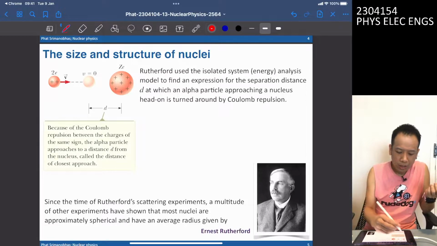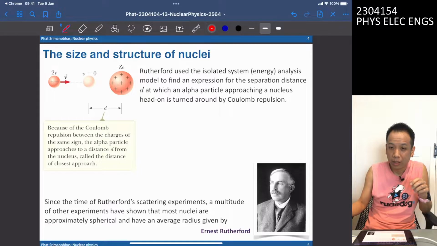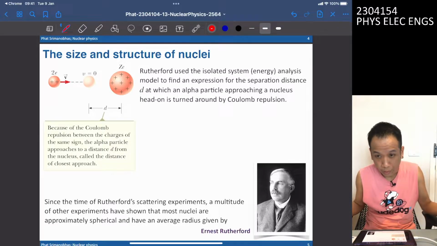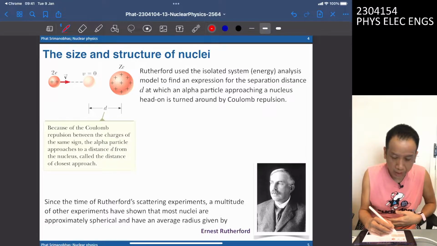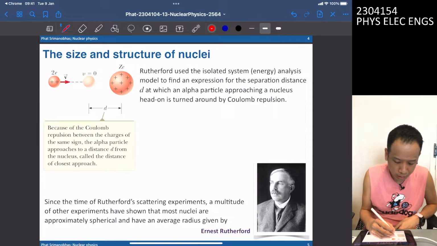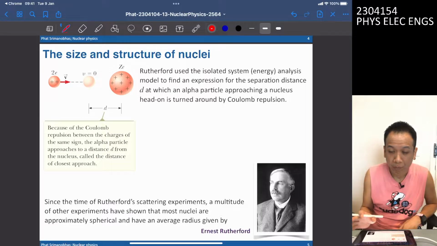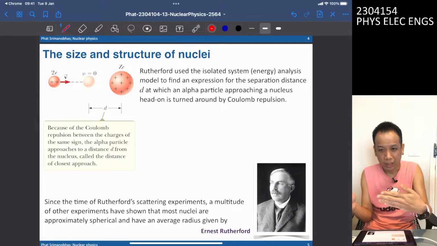He was shooting alpha particles, the nuclei of helium, at the nucleus. At one position, all of the kinetic energy converts to potential energy. The particle stops at some point and then starts to go out.